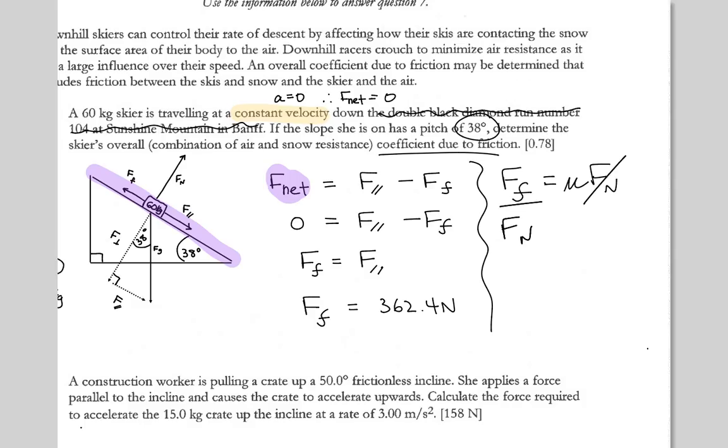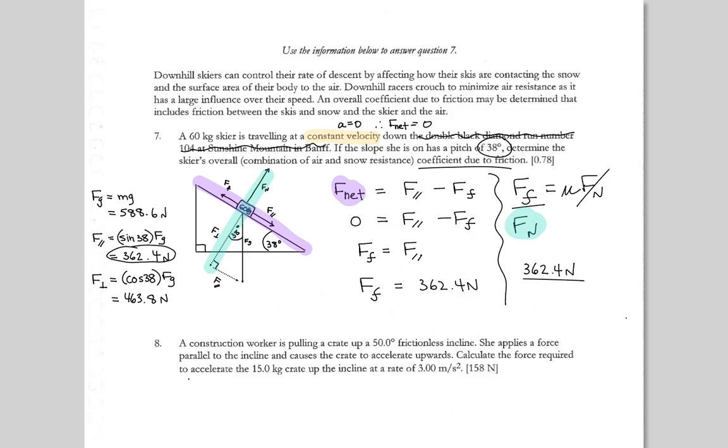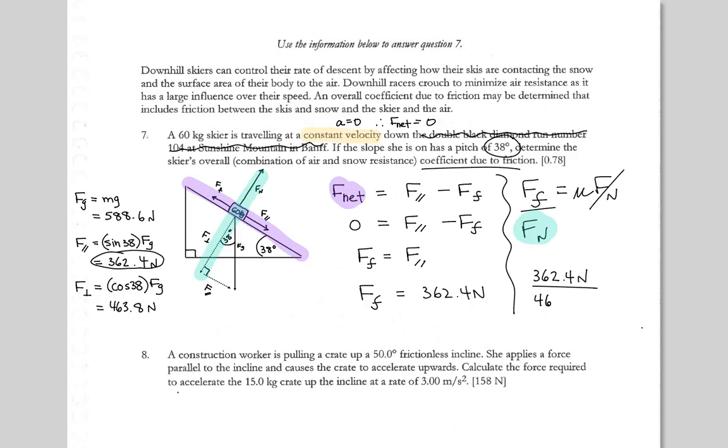So what's the force of friction? 362.4 newtons divided by Fn. Well, what's Fn? This Fn is going to be balanced by F perp. So we sub in F perp, which is 463.8. You can see the newtons will cancel, and you get the coefficient mu, which is unitless, 0.78.